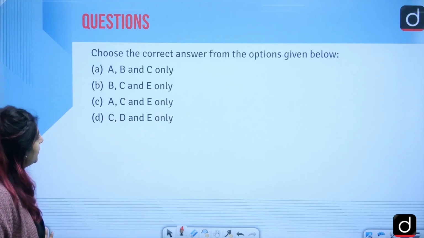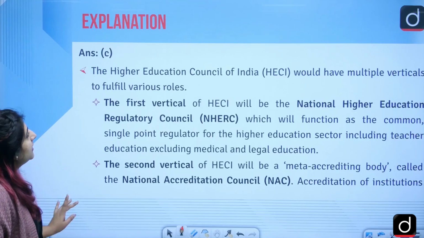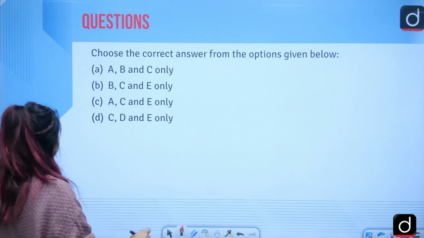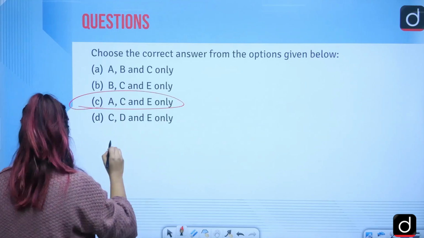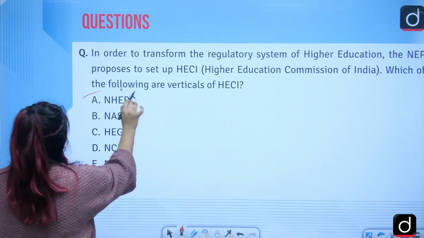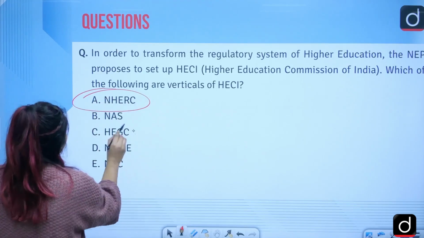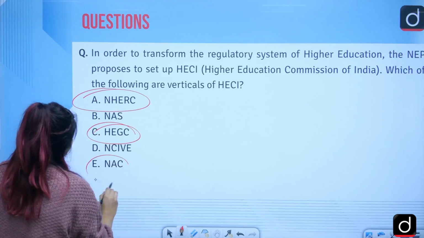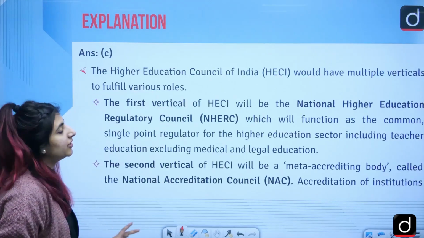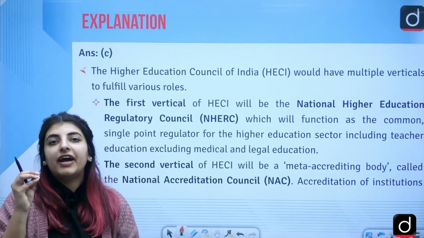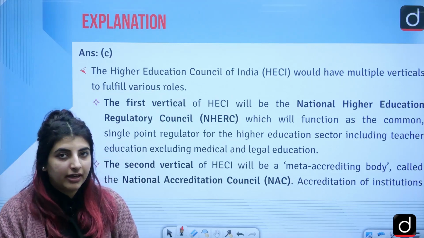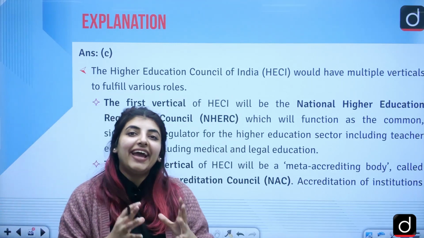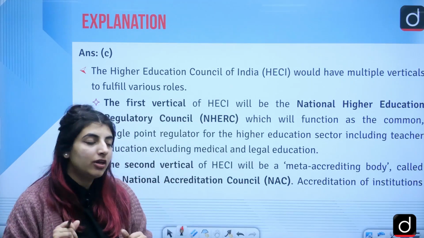Pause your screen, students. The answer to this question is option C, which says A, C and E only. Let's just see. In A, we have NHERC, HEGC and E. These are the 3 options which are the verticals of the Higher Education Commission of India, right? Under what? Under the NEP, that is the National Education Policy.